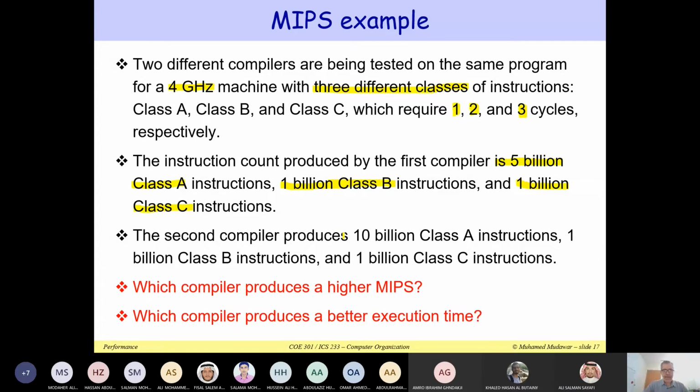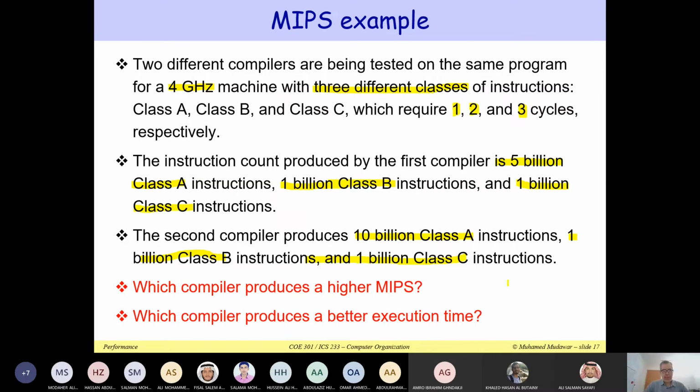Then you run the program again, and you find that it produces 10 billion class A instructions, 1 billion class B, and 1 billion class C. Clearly here the first compiler looks better because the count of instructions is less, 5 billion versus 10 billion class A instructions, but it does not even have to be like this. This is just one example.